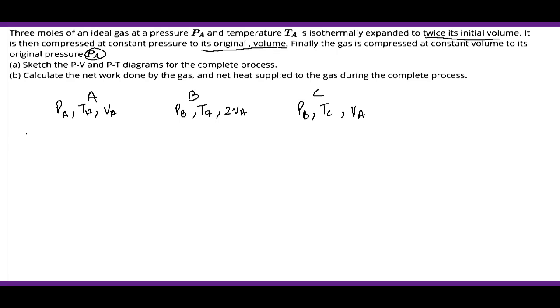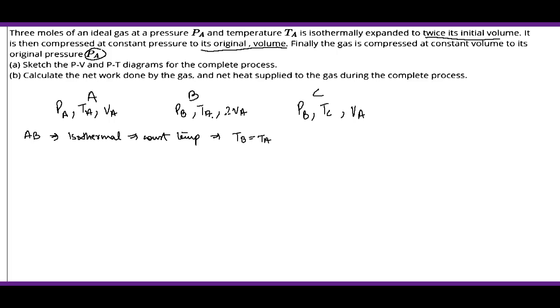Now let us see the process AB. As it is given, isothermal, this means constant temperature, as I have already written. This implies Tb is equal to Ta.